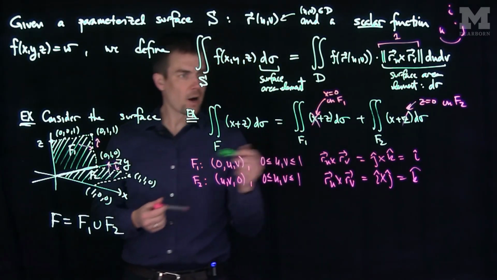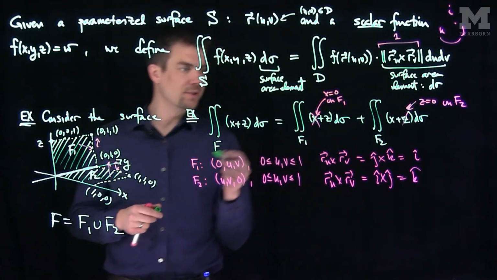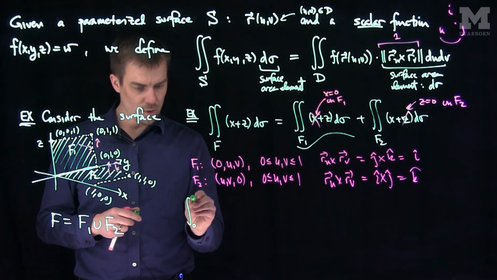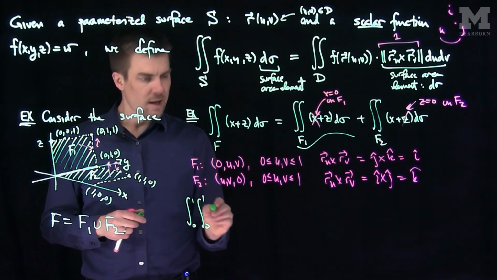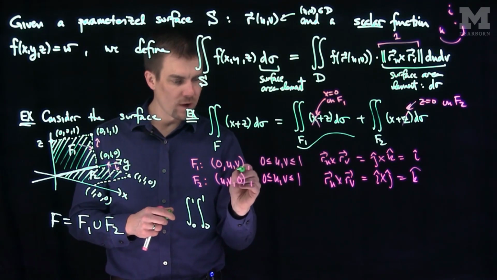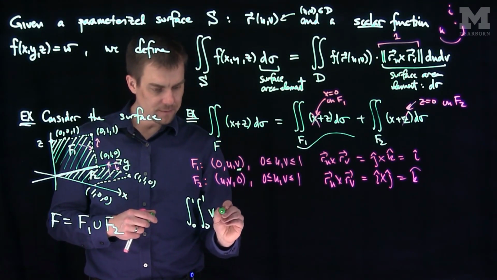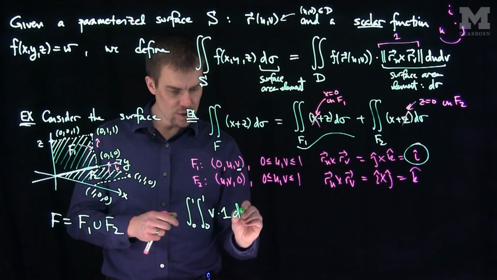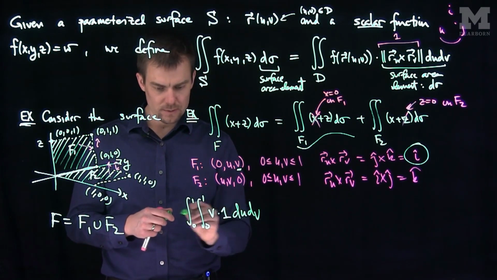Good. Now let's continue with our calculation. What's the surface integral over here? This is just going to be the integral from 0 to 1, the integral from 0 to 1. Now on F1, what is z? On F1, z is equal to v. So we have v times 1, because this has modulus 1, times du dv. That's for my F1 integral.